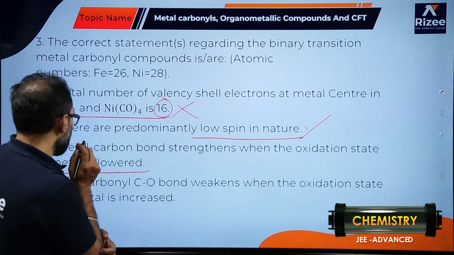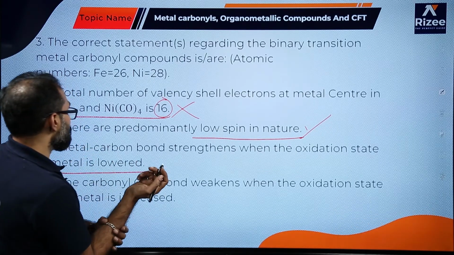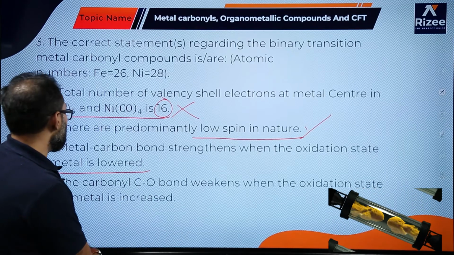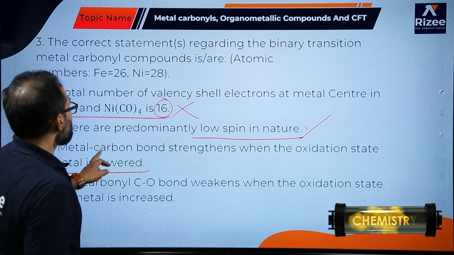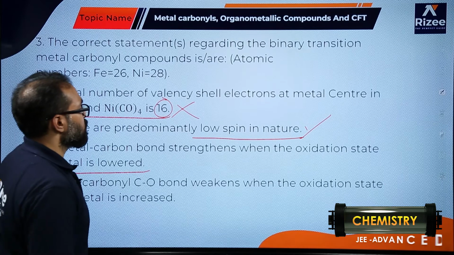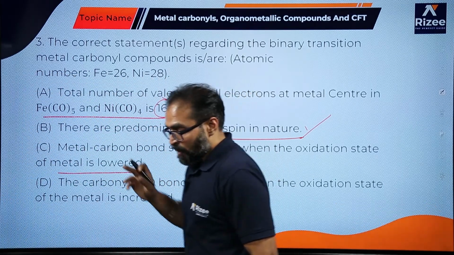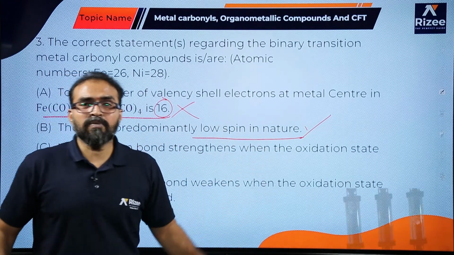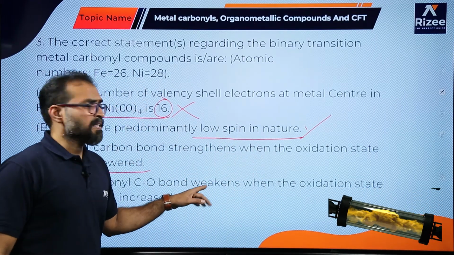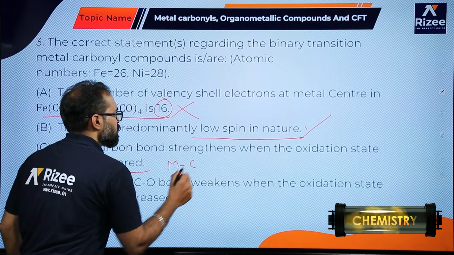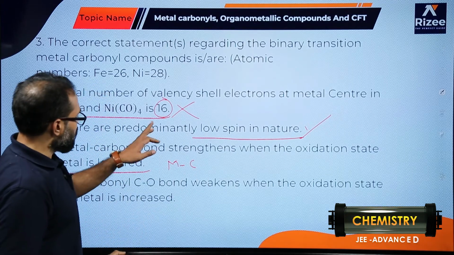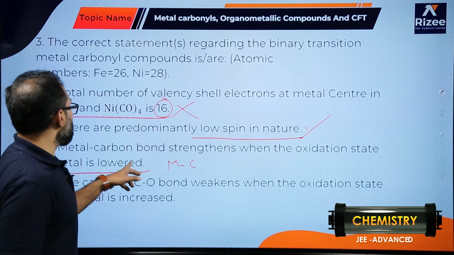Then we will see the fourth option. The carbonyl CO bond weakens when the oxidation state of the metal is increased. See, the metal carbonyl bond strengthens when the oxidation state is lowered. In this case a synergic bond is present, and the bond between the metal and carbon is really strengthened when the oxidation state is lowered.